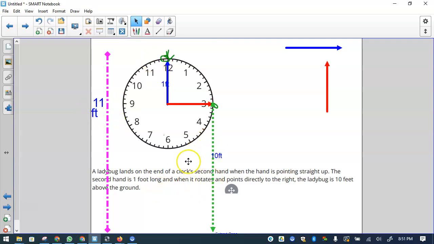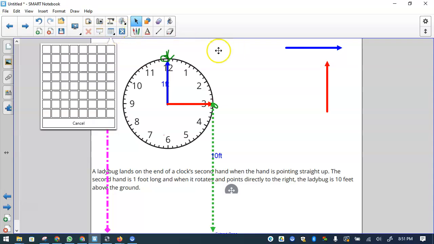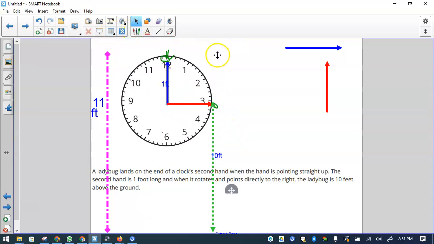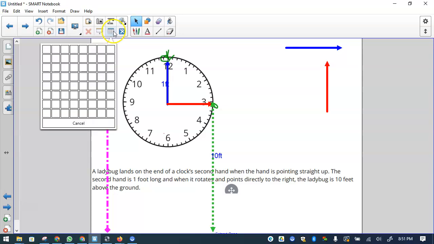Now there are 3 more questions. Depending on how the question is asked, let me make a table. They're asking this way when it is 10 foot.